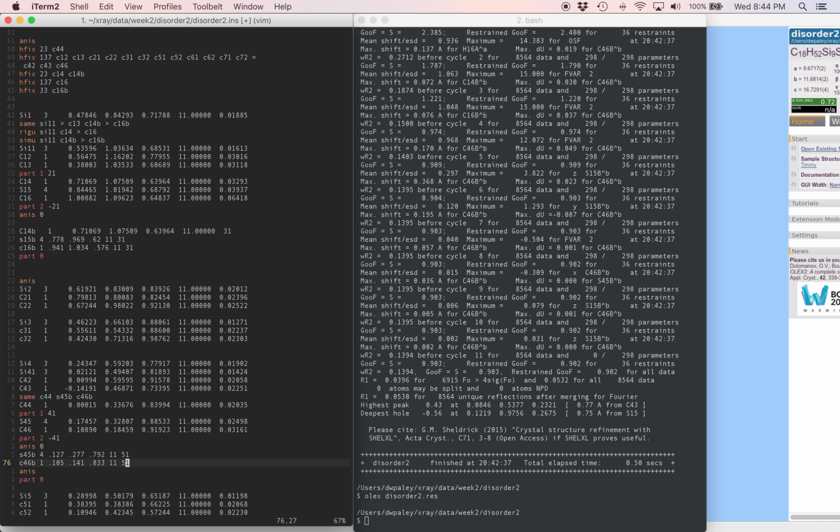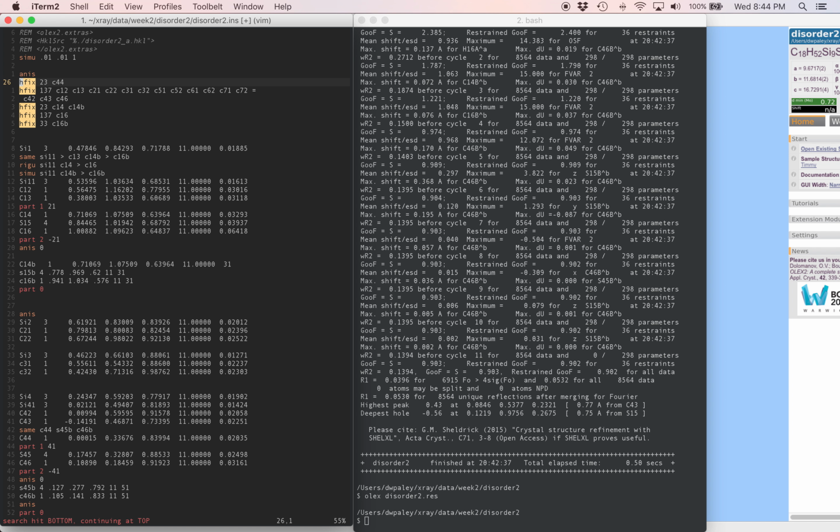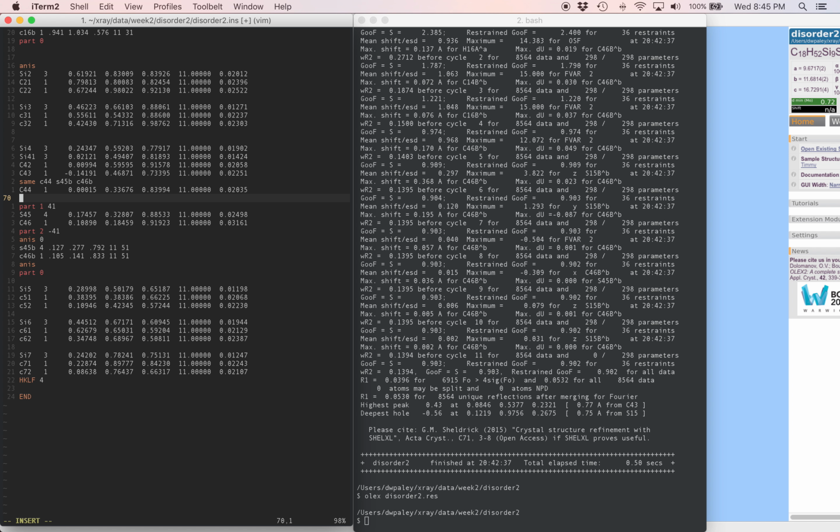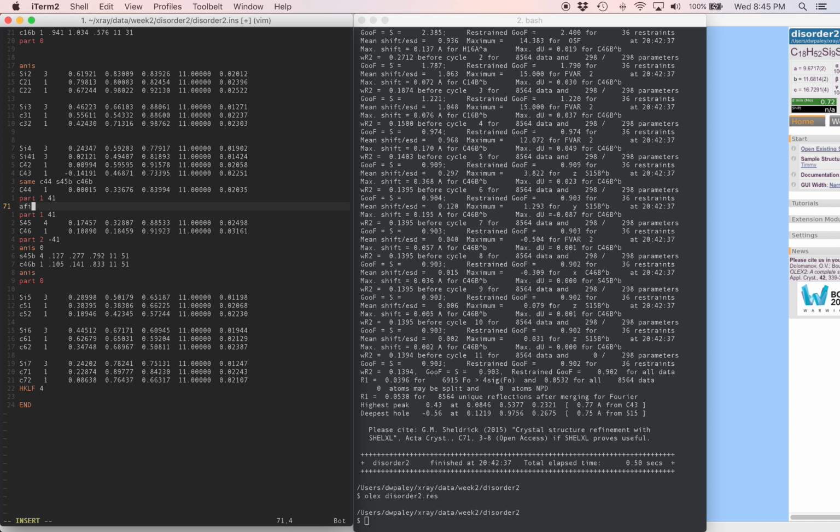And everything else, oh, the hydrogen atoms. I'm going to go up to the HFIX line. I'm going to get C44 off this line. Where is it anyway? Oh. This whole line only has C44, and we're not going to do that anymore. Instead, C44 is going to be followed by part 1, 41, one pair of fixed hydrogens.